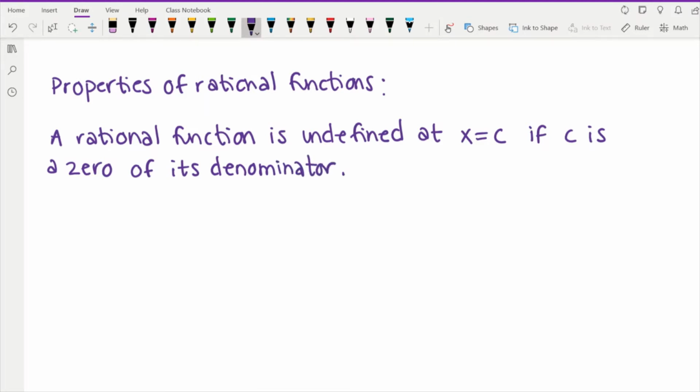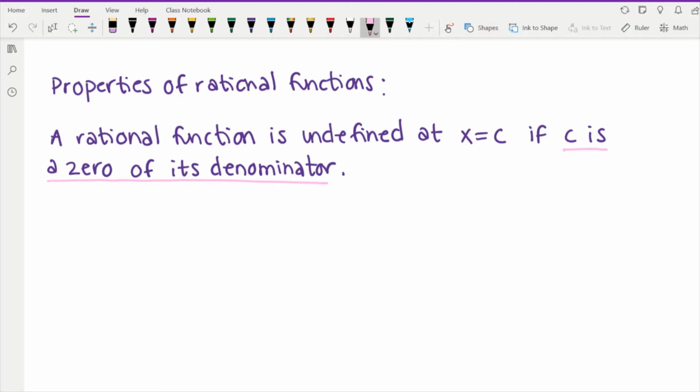of the denominator of that rational function. So that's kind of a weird way for me to say it. This is basically just a fancy way of saying that a rational function is undefined when the denominator is 0, right? Because what does it mean for a number to be a 0 of the denominator? That's just saying that if you plug c into the denominator, it equals 0, right? So I'm kind of using the language that we learned in the last section about polynomials.